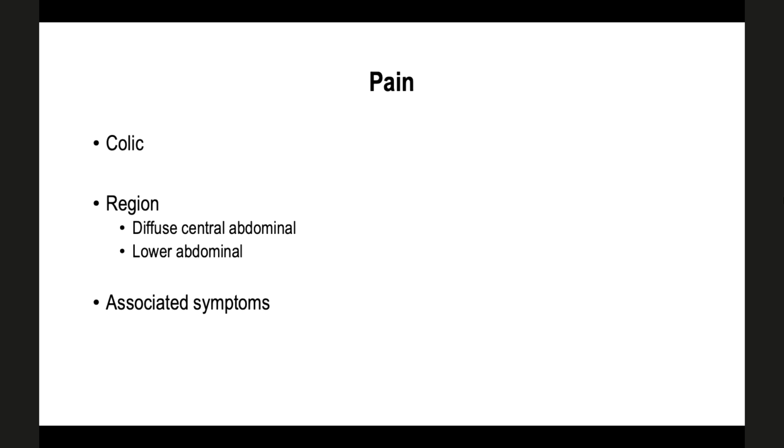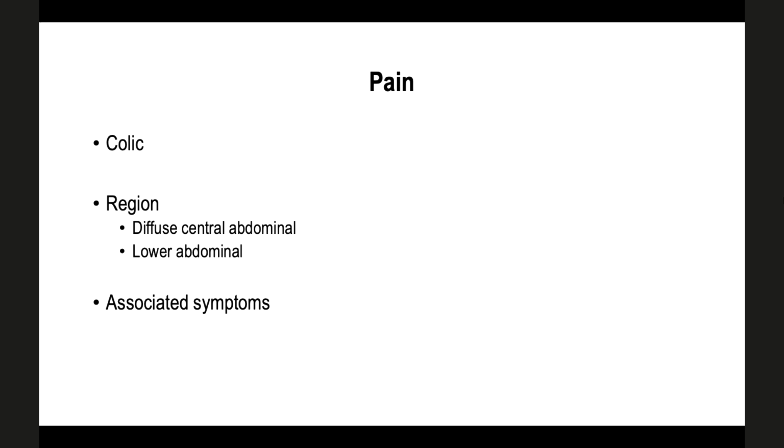So bowel that originates from the midgut, if there's a pathology or spasm of bowel that originates from the midgut, it's generally felt diffusely and central abdominal. Whereas pain that originates from what's the other gut we're talking about here?